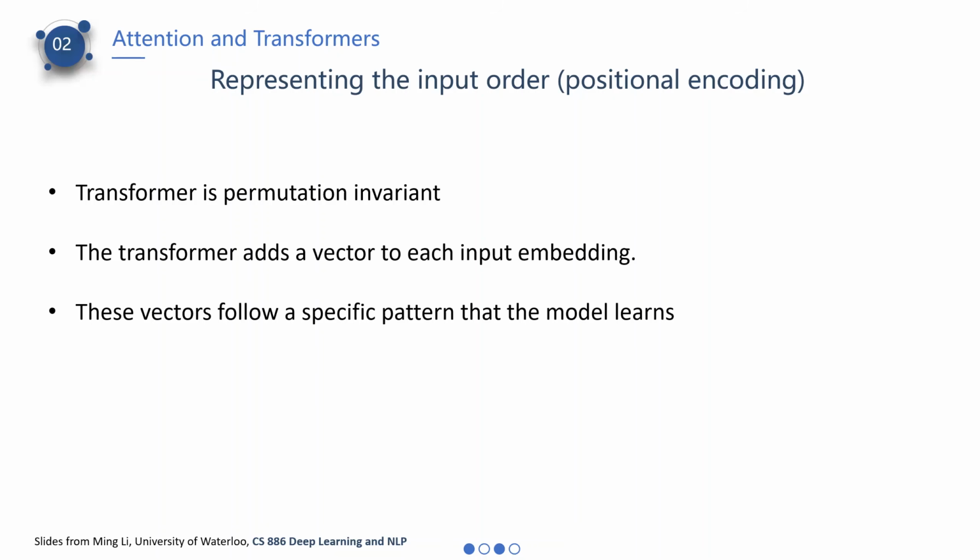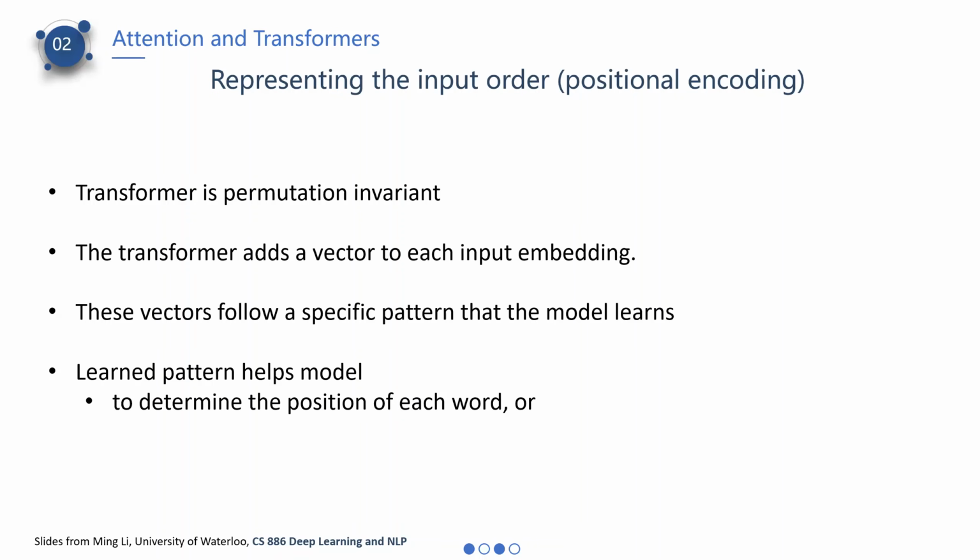Okay, so that is important: how do you come up with those position embeddings, and there's a lot of interest in that. It will learn patterns. This position helps the model determine the position of each word and also the distance between different words.